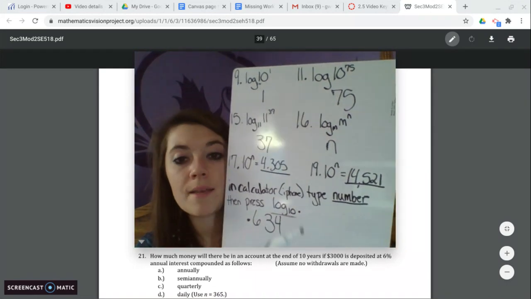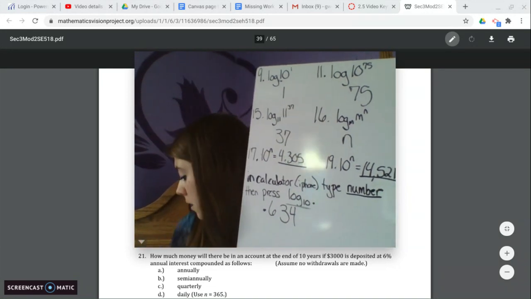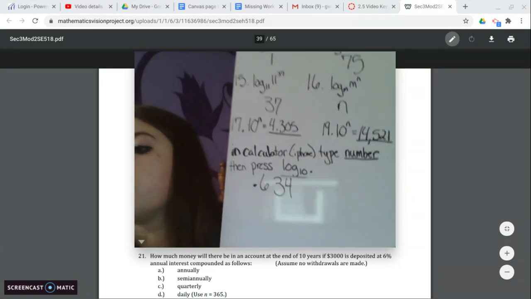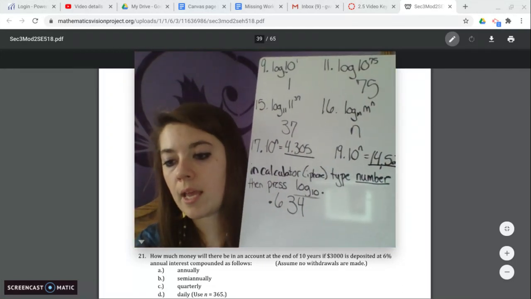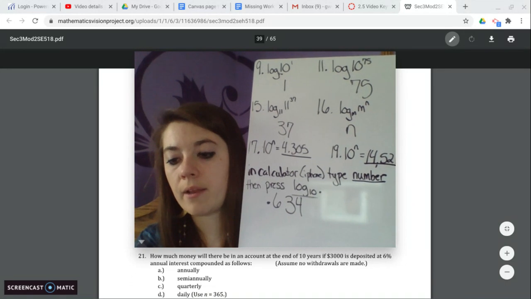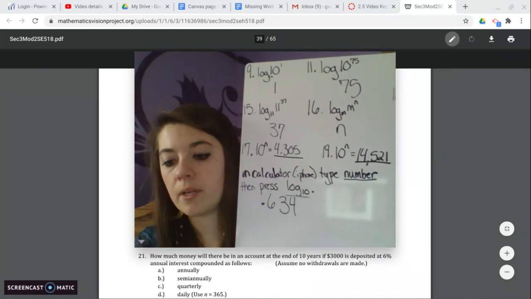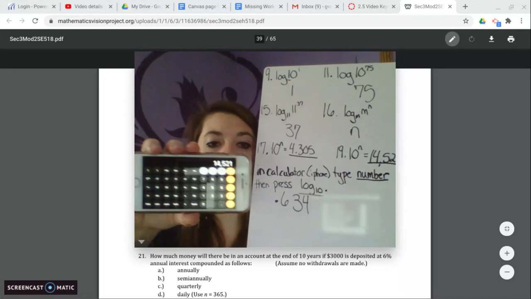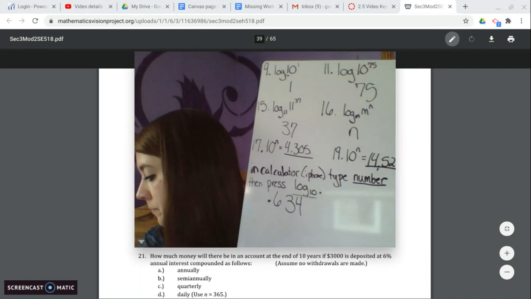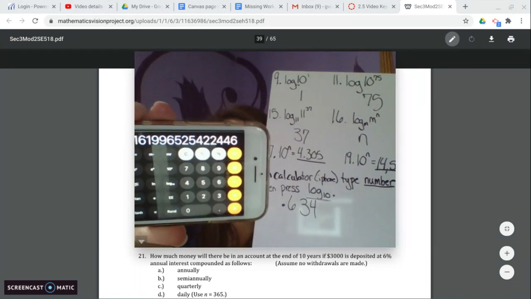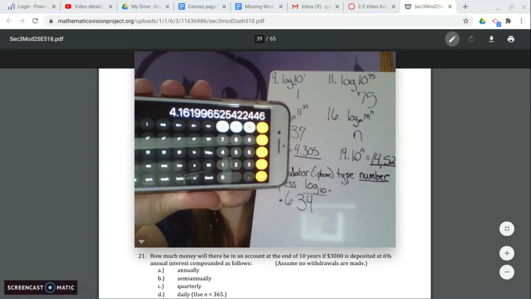Now on 19, same thing. You're going to take the 14,521, and I will show you if I can find my phone. So we're going to type it in, 14,521, and then we turn the phone to the side, and then you press that log 10 button, and you're going to end up with a really big long decimal, 4.1619, and so on.